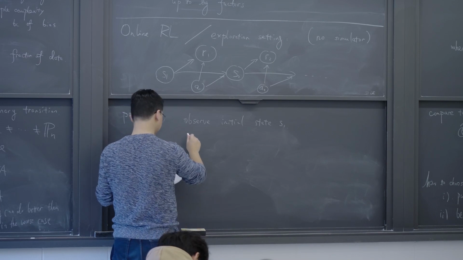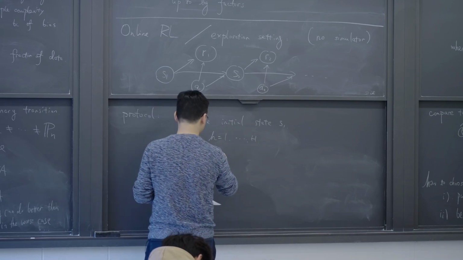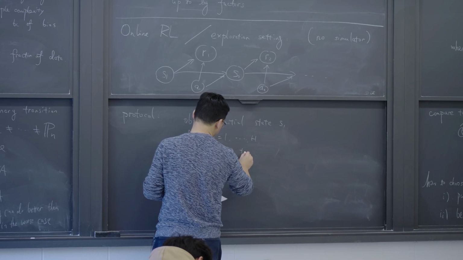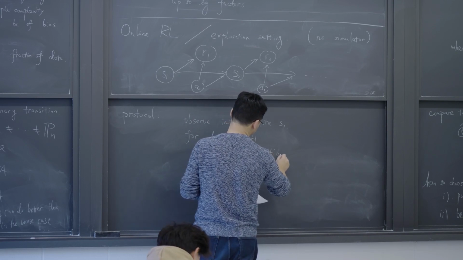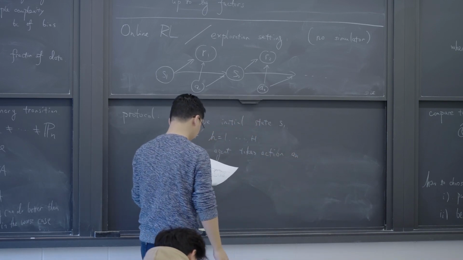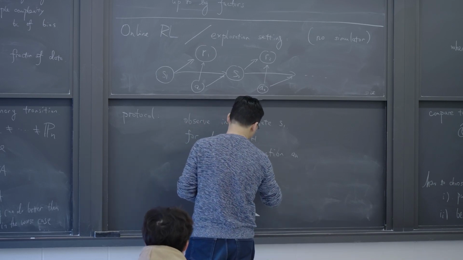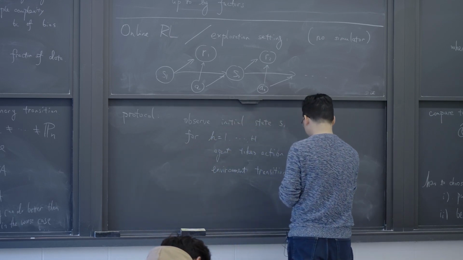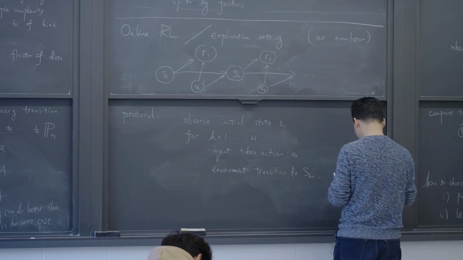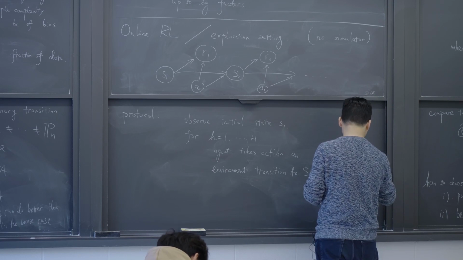And then for h equal to 1 to capital H, the agent takes action AH, and then the environment transitions to the next state, SH plus 1, and sends the reward RH.